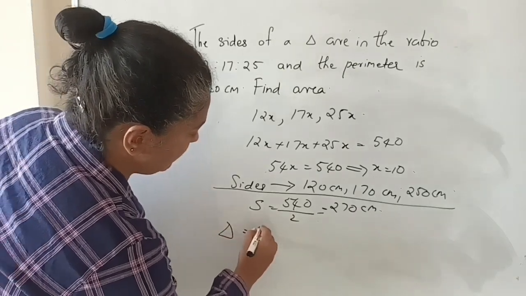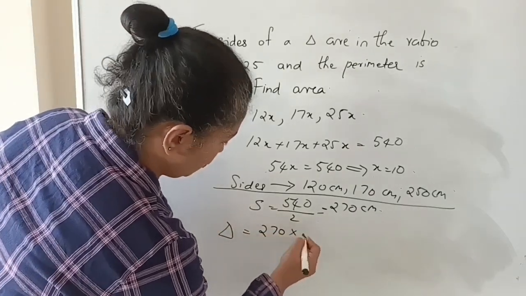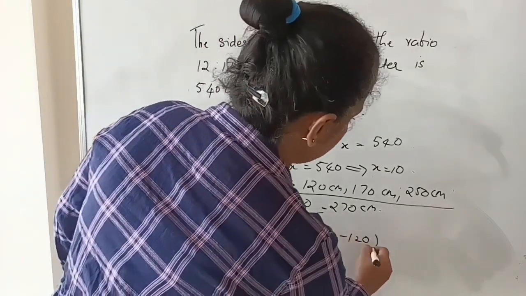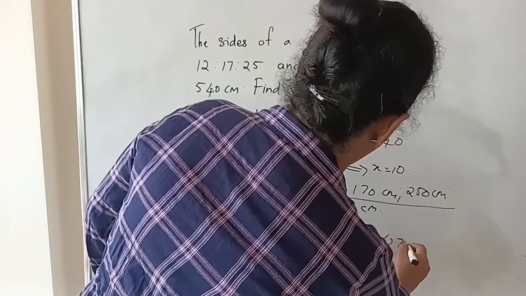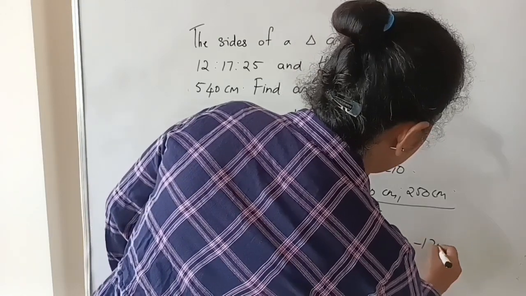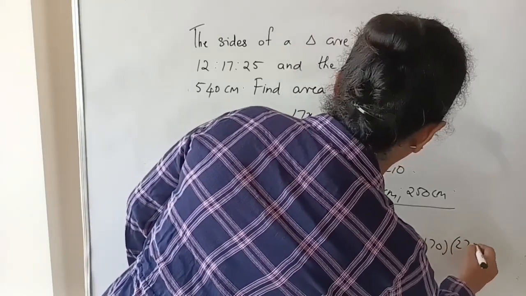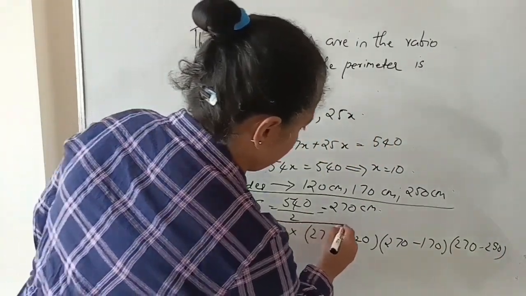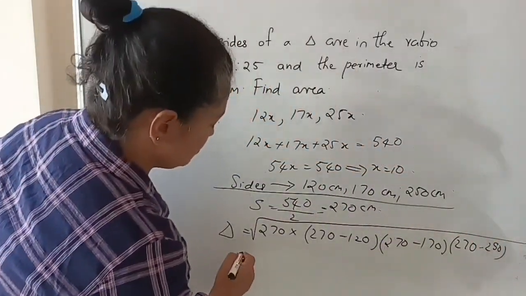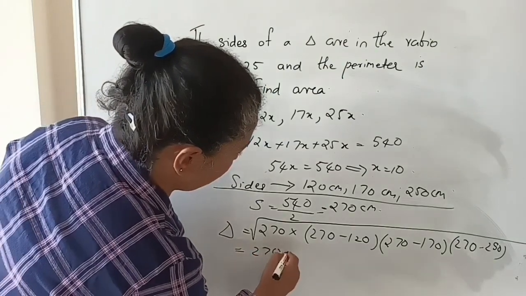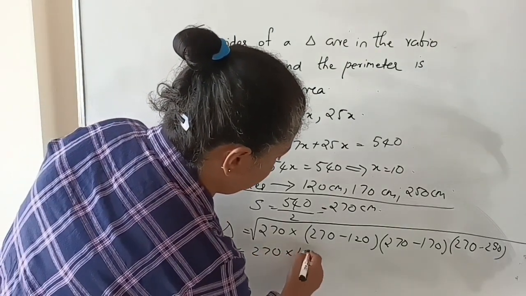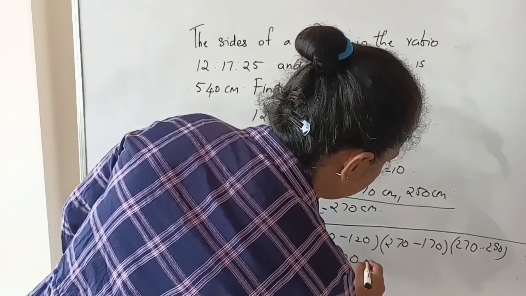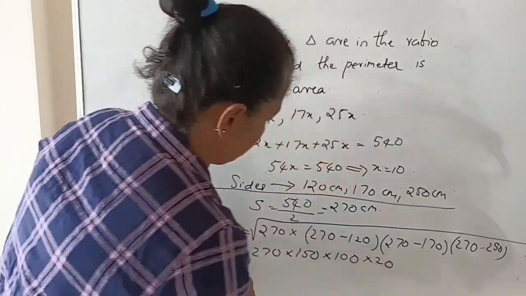Area of the triangle will be the square root of, obviously, S into S minus A, S minus B, S minus C. Okay. So here you get S into 150, here you get a 100 and here you get a 20.